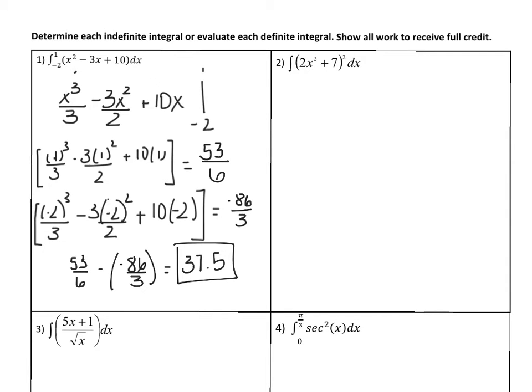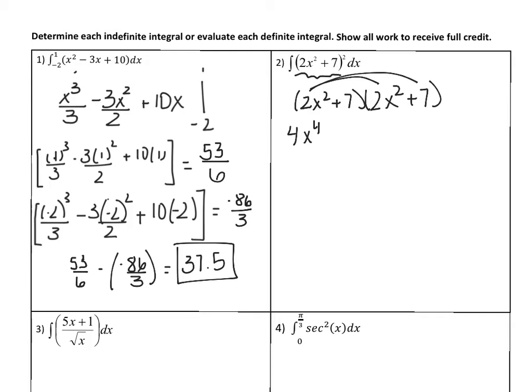Before I can do problem number 2, I want to actually double distribute this information that's right here. So if you do a box method or double distribute, we want to multiply out 2x squared plus 7 times 2x squared plus 7. So if I double distribute, the first times the first is 4x to the fourth.